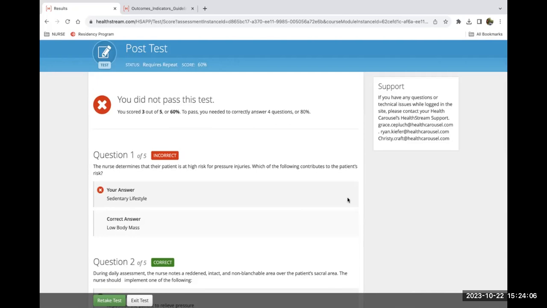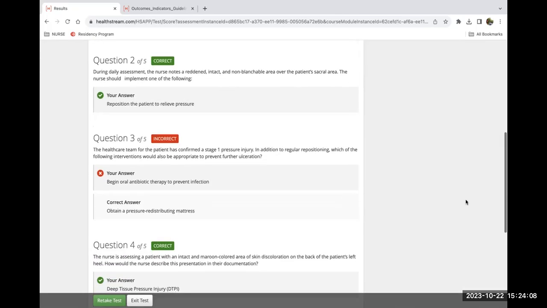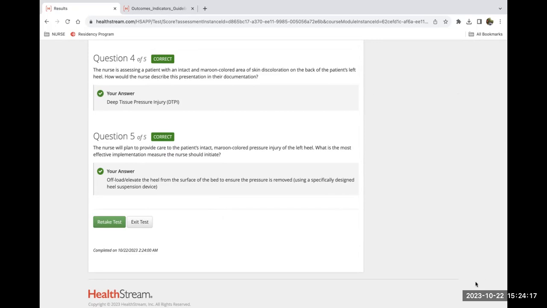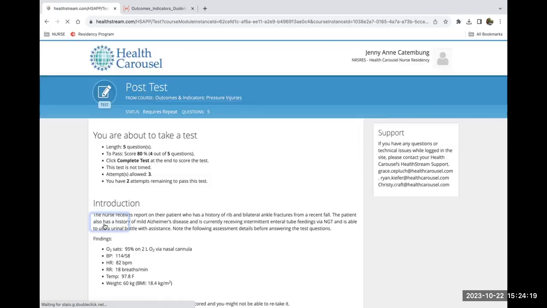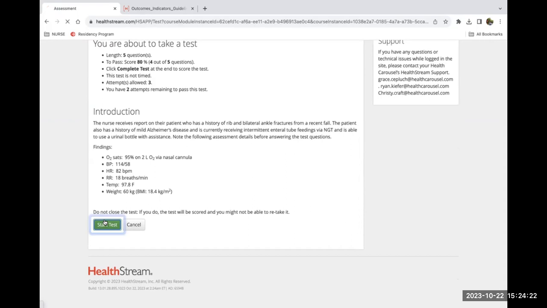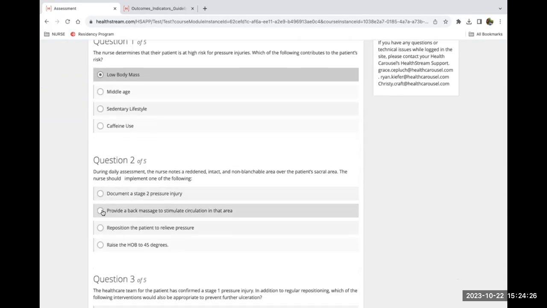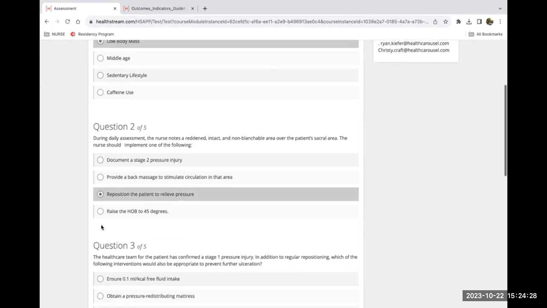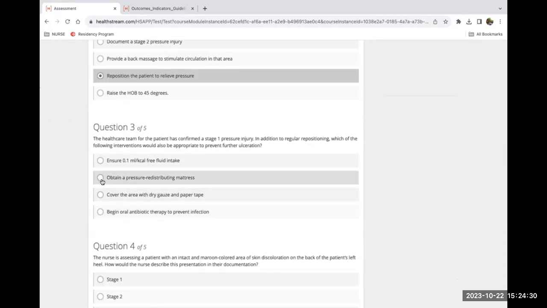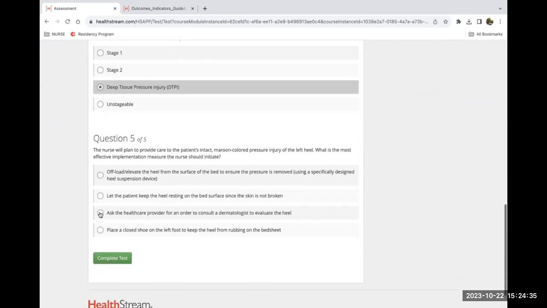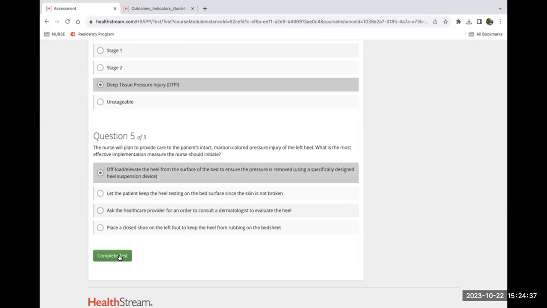Low body mass is the answer. Obtain a pressure distribution mattress. Reposition. Deep tissue pressure injury: offload.